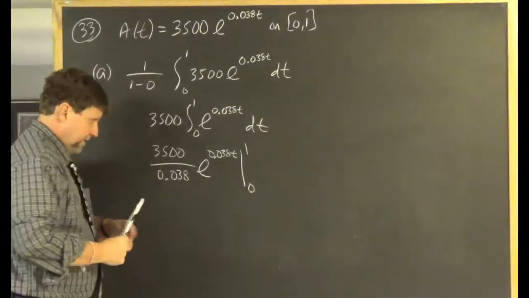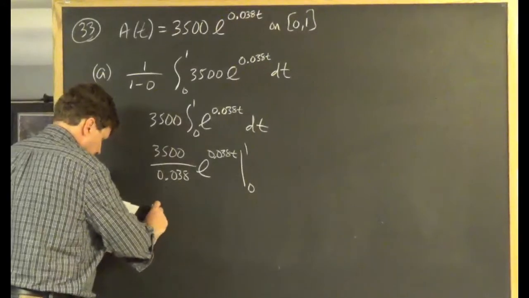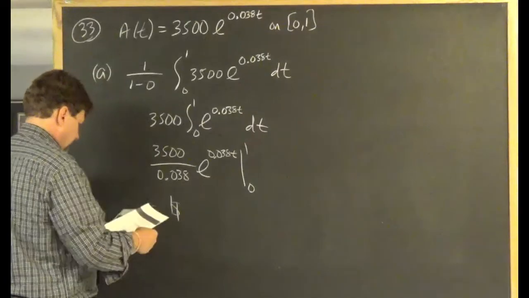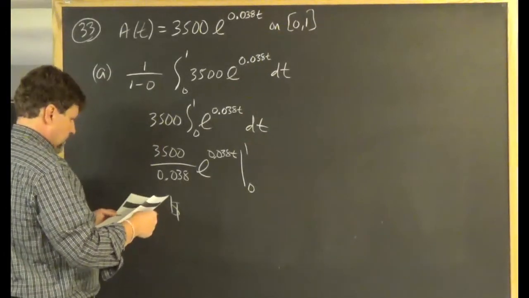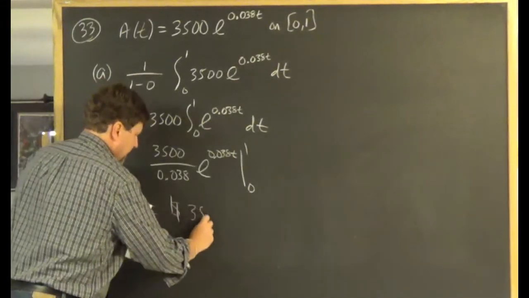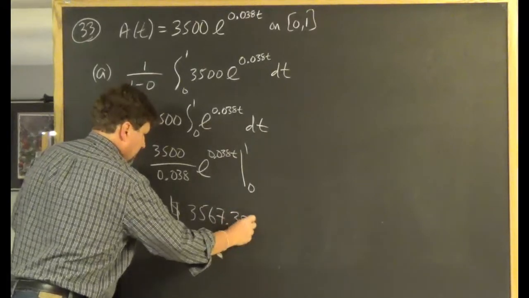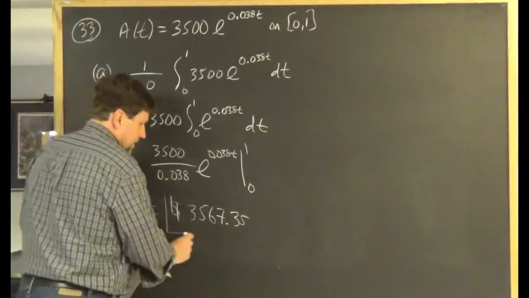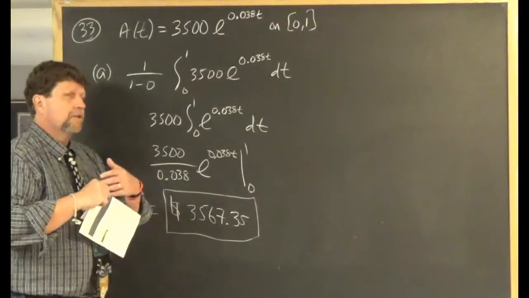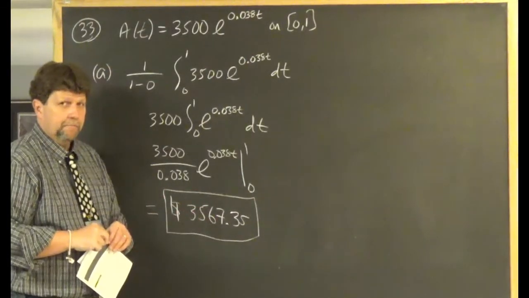And when you crank this through the fundamental theorem of calculus, rounded to the nearest cent, you get 3567.35. Sorry, it's hard for me to read my writing. So over the course of 1 year, that was his average balance.